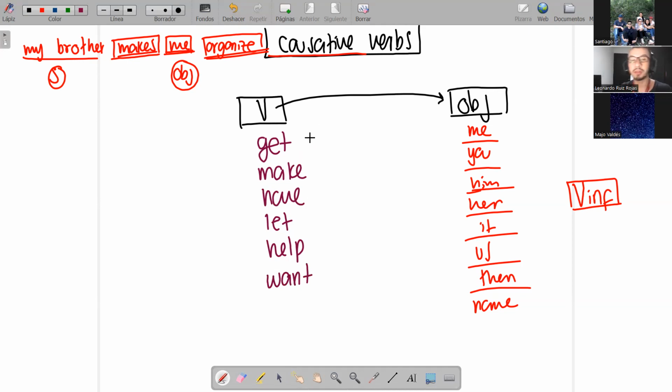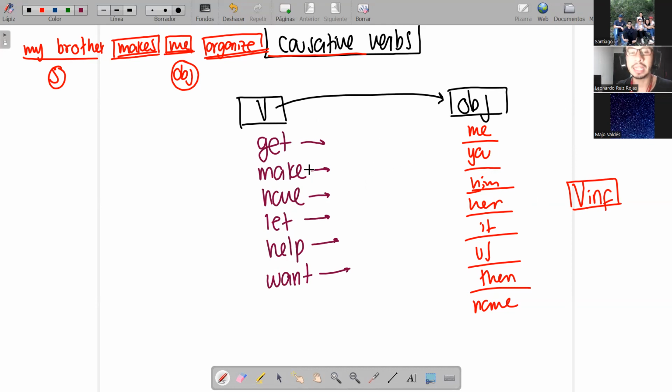So these six verbs have another meaning when I put them into the causative structure or the causative context. When I say make, which is hacer, make somebody do something, it's like forcing the person to do that action. The person is receiving the action of doing that.